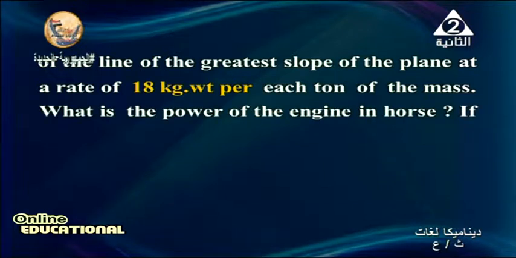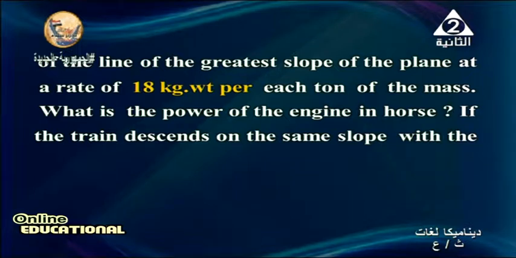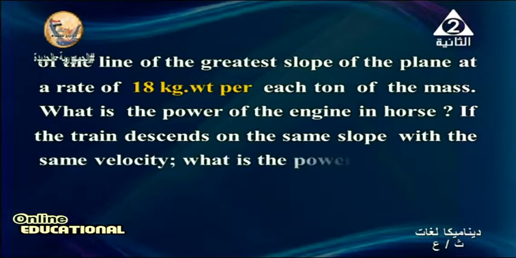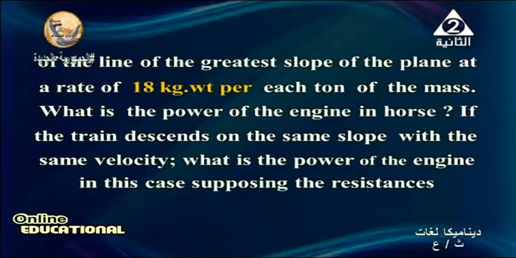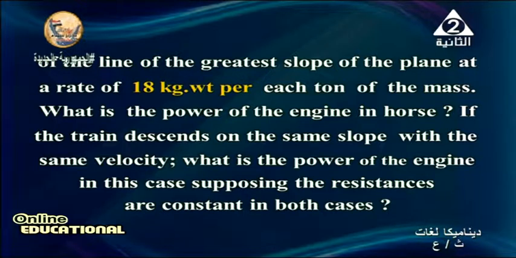What is the power of the engine in horse? If the train descends the same slope with the same velocity, what is the power of the engine? In this case, suppose the resistance is constant in both cases.